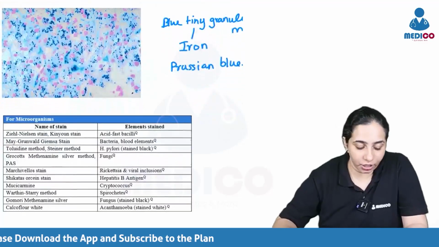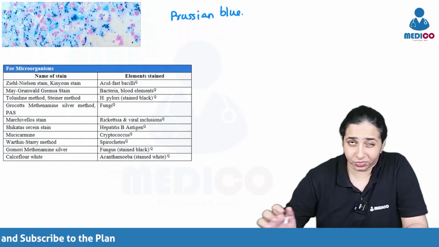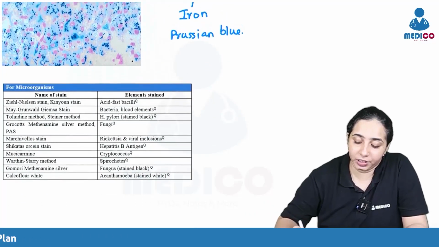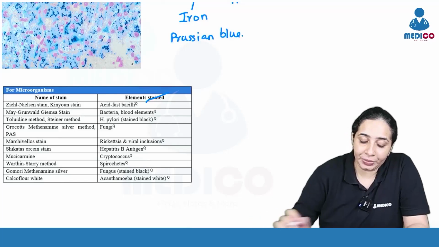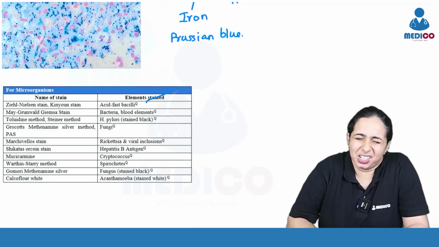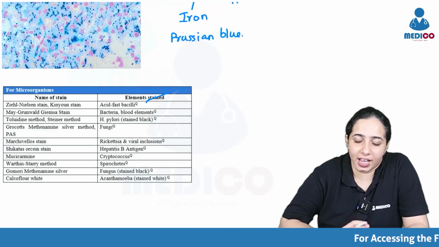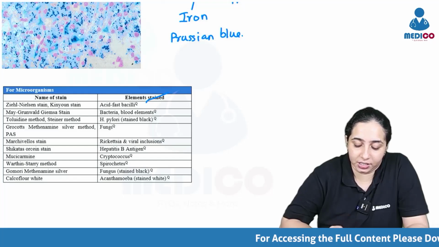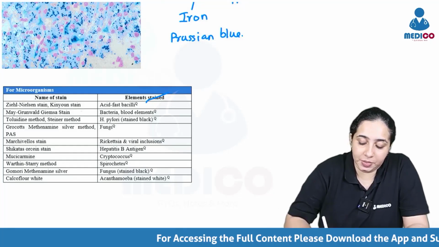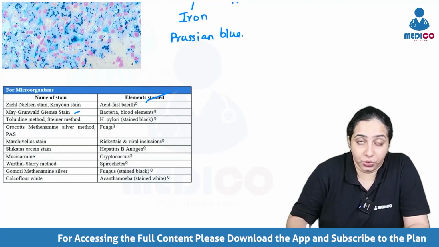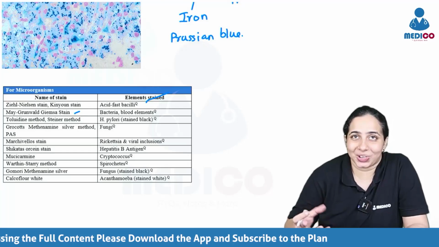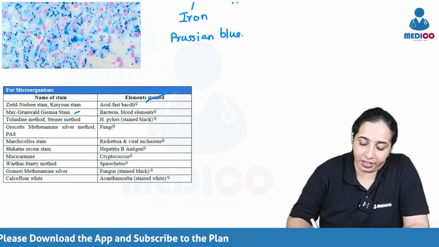So let us take a look at a few of the tables. So you have acid-fast bacilli, that is the Ziehl-Neelsen stain, or you have the acid-fast AFB stain. Then Giemsa, it is used to stain bacteria or blood elements.